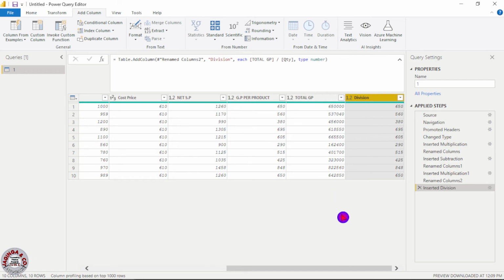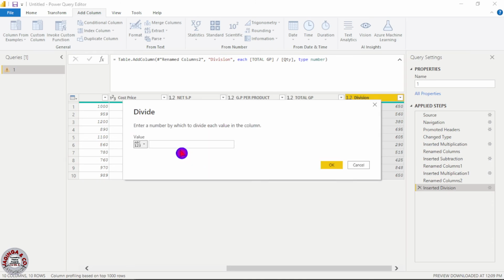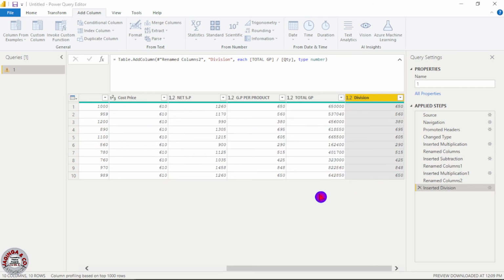Maybe you want to divide this one by 2, maybe 50% of this, you'll just click this one, then click standard, then click divide, and then write down 2. So now we are dividing by 2.